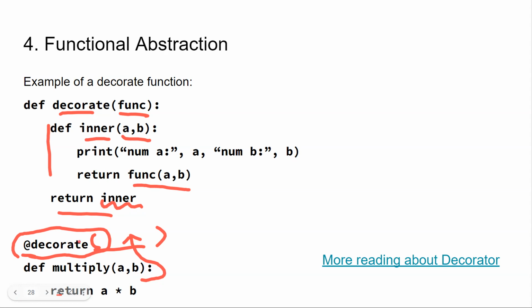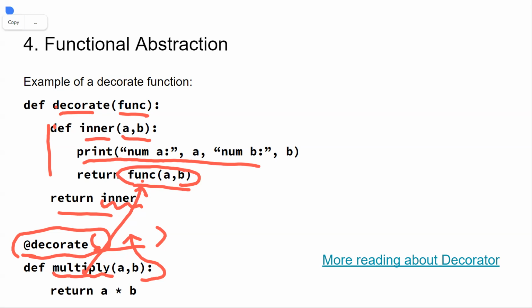So when you try to run the multiply function, you run the shell first and then you return the value from here. You have the function call and then you return the output of this function to here. And before that, maybe you print something first and then you return your output.